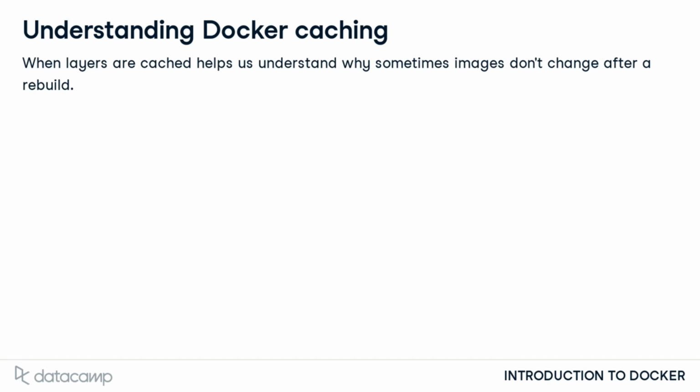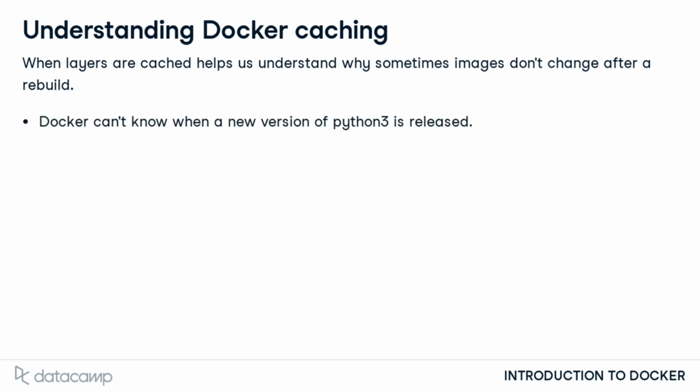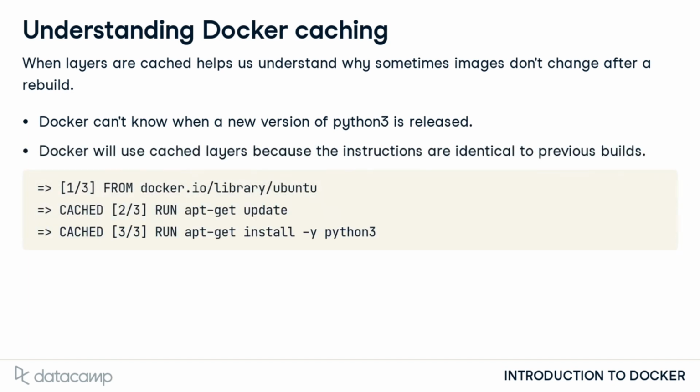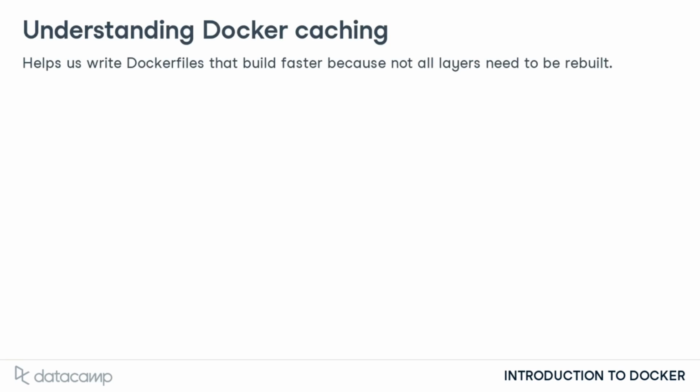For example, if we have a RUN apt-get update and apt-get install python3 instruction in our Dockerfile, and a new version of Python 3 is released, rebuilding our Dockerfile will not change anything in the resulting image. Docker will see the same instructions as when it last built this Dockerfile and will assume that the result is the same. It cannot know that rerunning apt-get update will give another result.